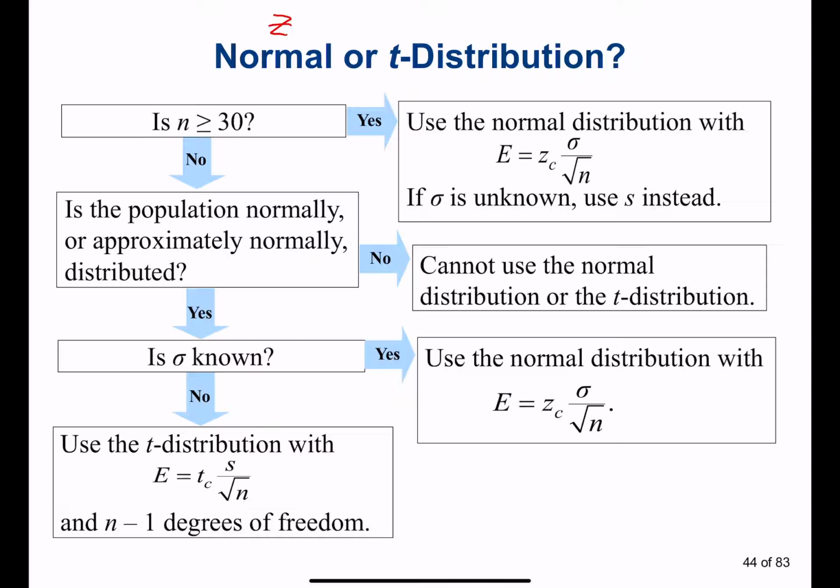If n is greater than or equal to 30, then we are using the z-score, and that is when sigma is unknown, we use s.